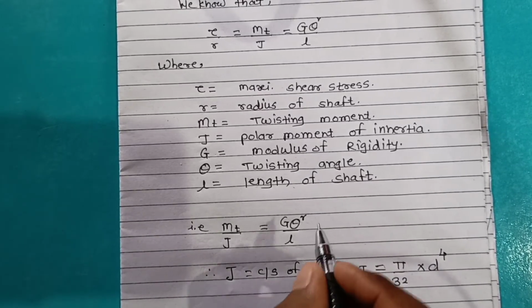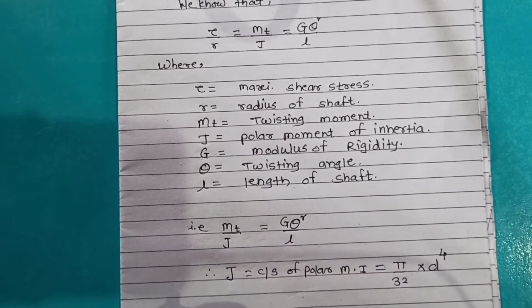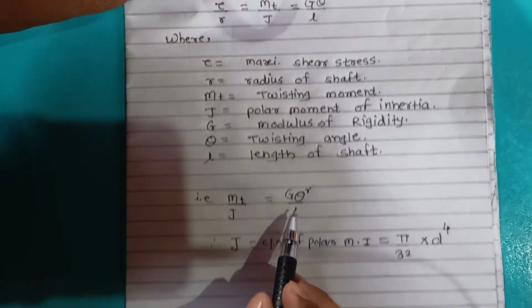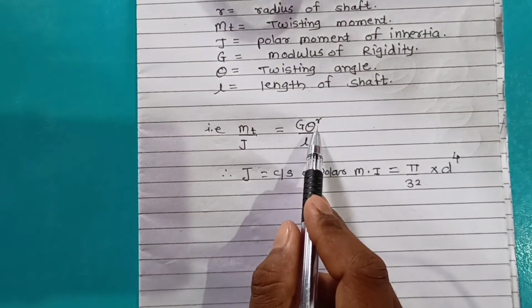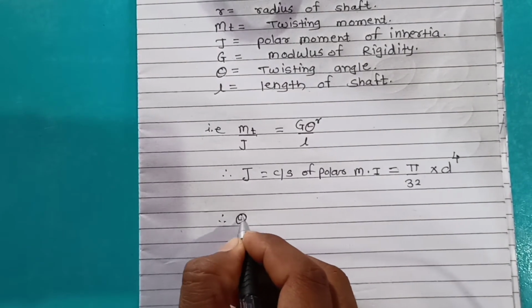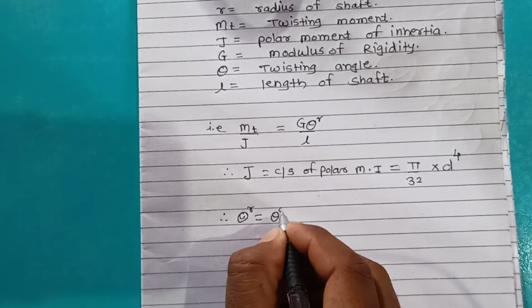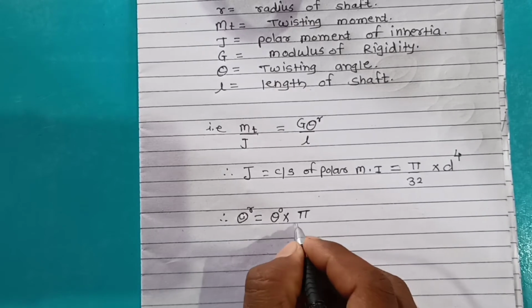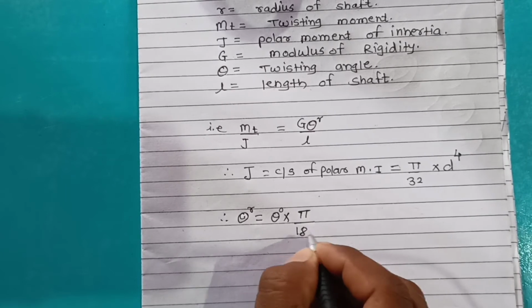Now theta is in terms of radian, and it has to be converted into degree. To convert theta from radian to degree, we multiply theta by pi by 180.